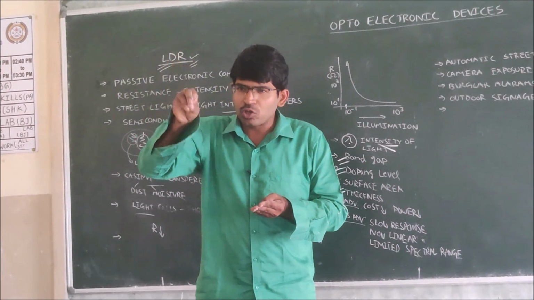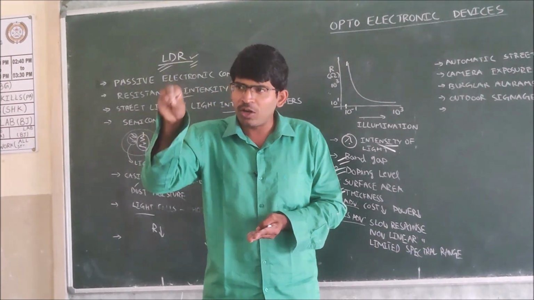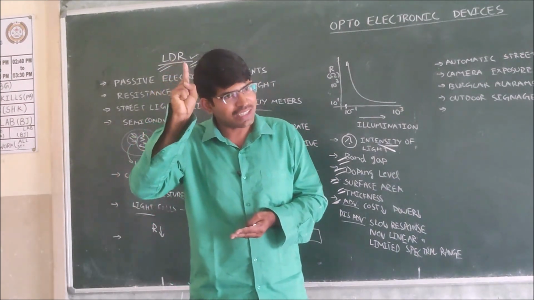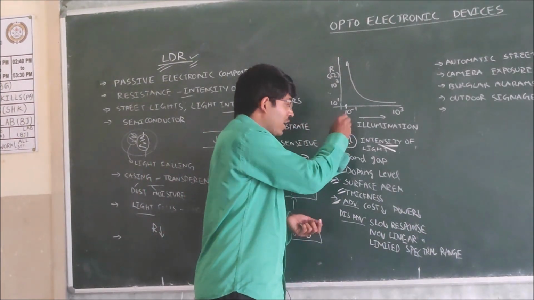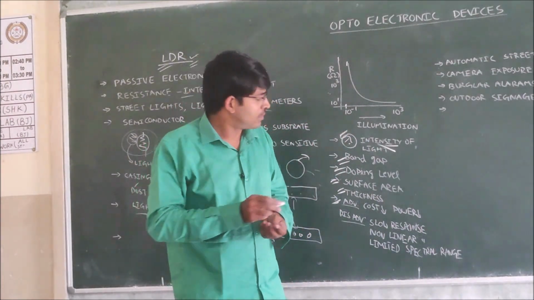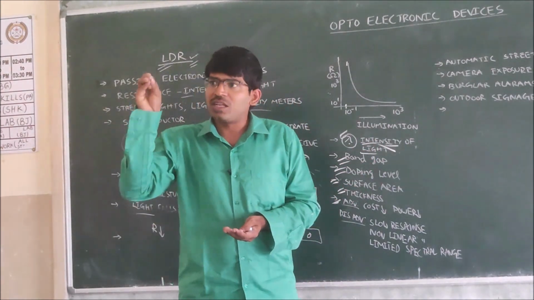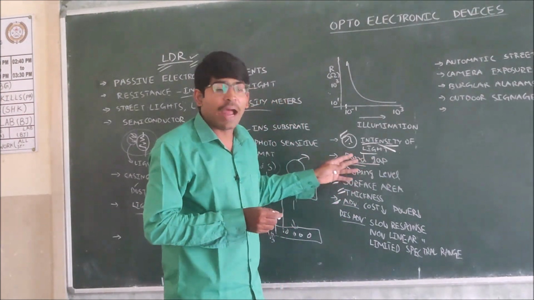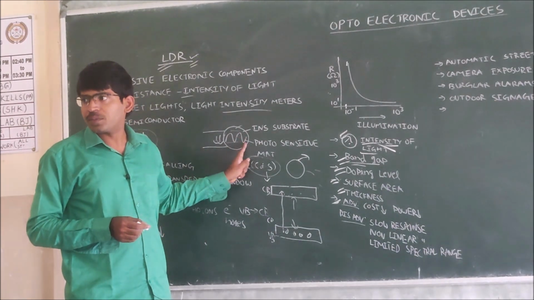If the same amount of blue light and the same amount of yellow light fall on the LDR, the resistance will not decrease by the same amount. So it depends upon the wavelength of the light, and it also depends upon the intensity of light, how much light is falling. It also depends upon the band gap of the semiconductor material you are using.